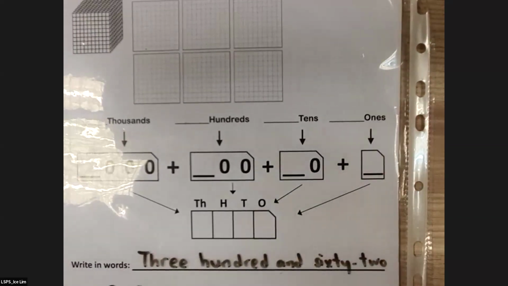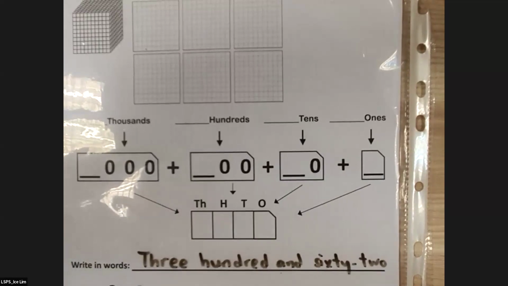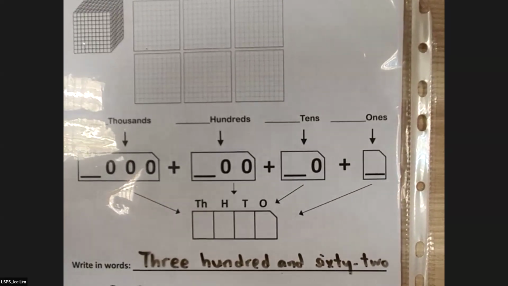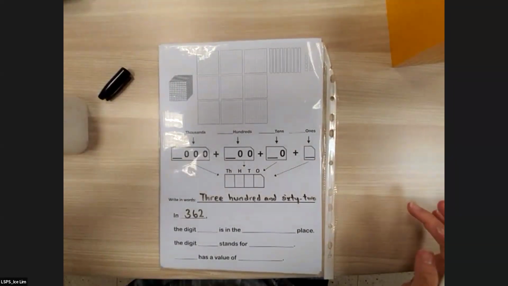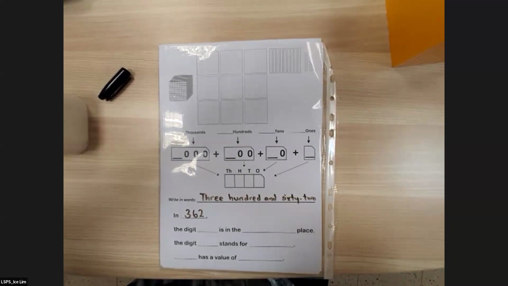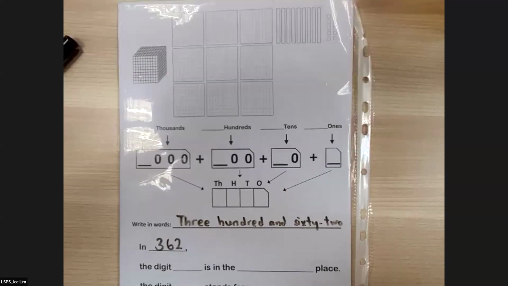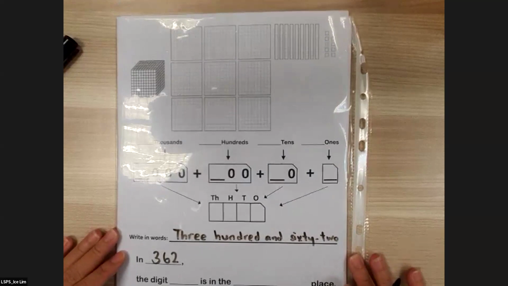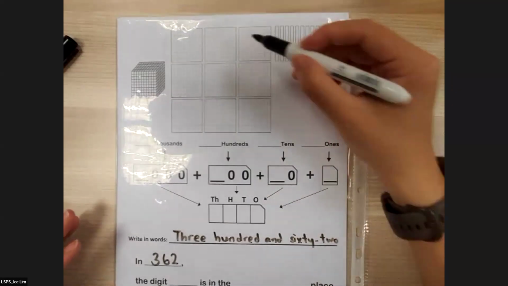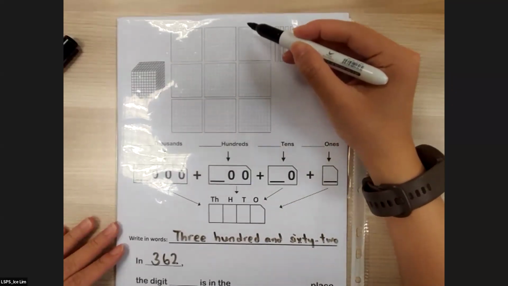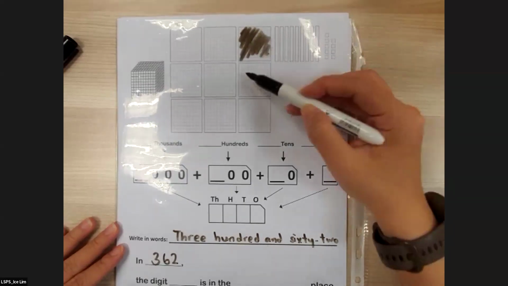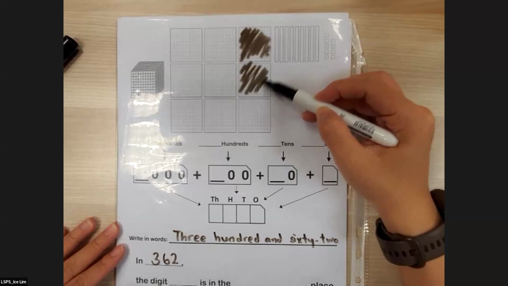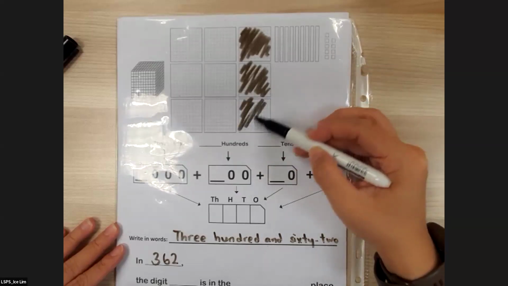So I have 362. Let me zoom out a little bit so you can see the whole set better. Okay, so I have 362. I'll shade 3 squares or 300s.